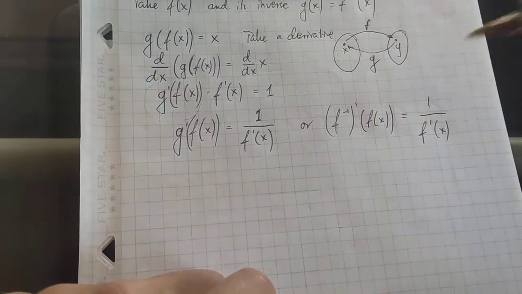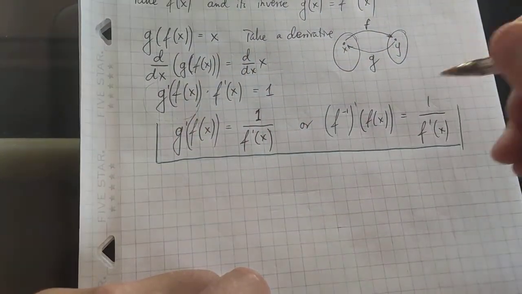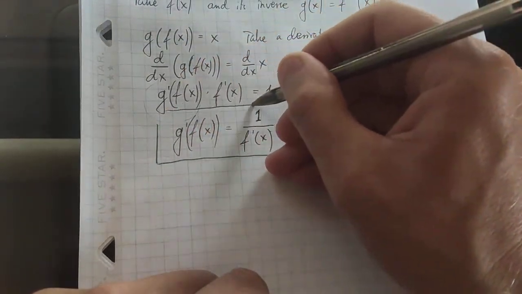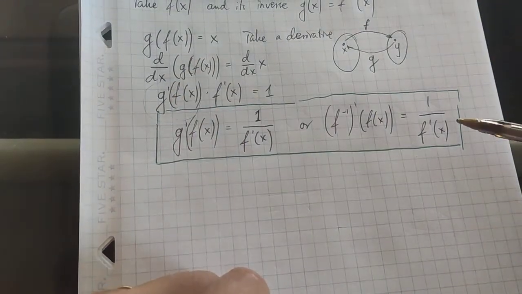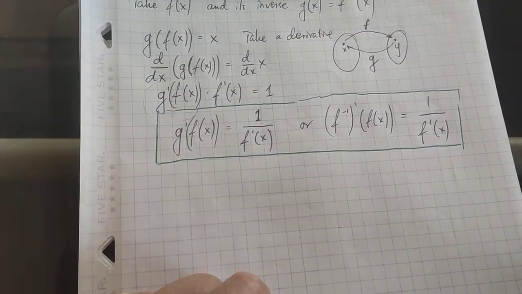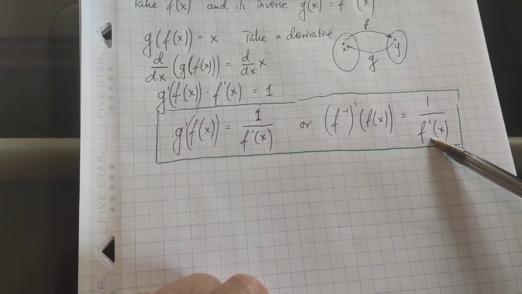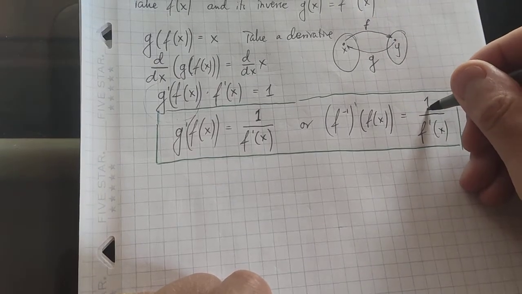So this is our brilliant formula, and what it says is that if we want to find the derivative of the inverse of some function, we simply take the original function, take a derivative of it, and then take the reciprocal.